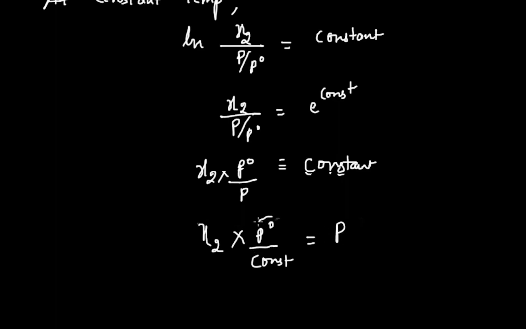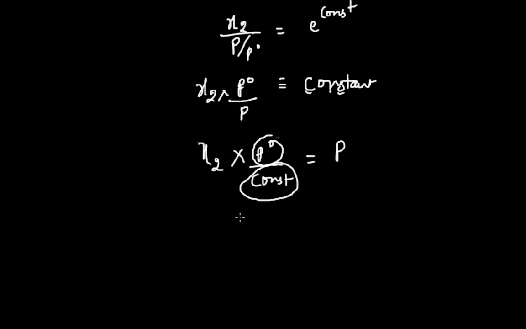Now p naught is a constant and this is a constant, so I can write it with a new constant, which means p is equal to this new constant times x2. I call this new constant the Henry's law constant, and this law Henry's law.